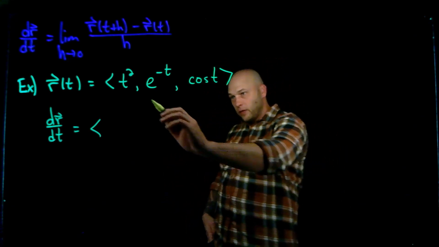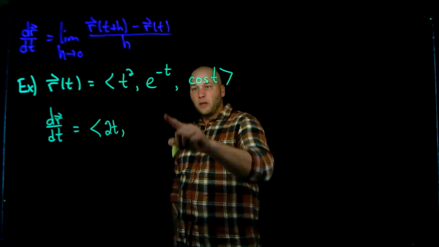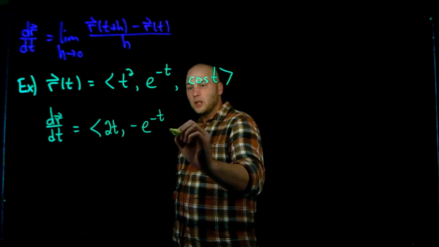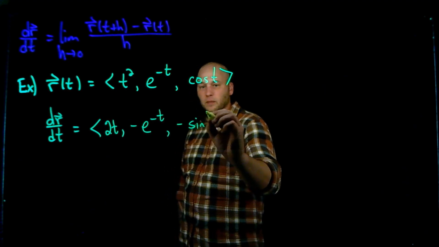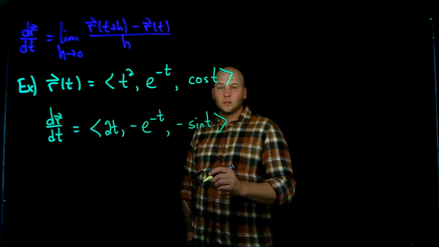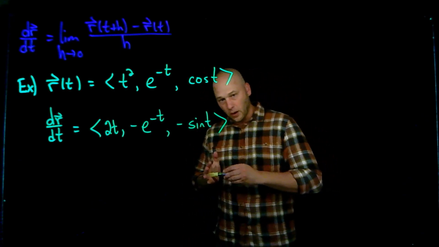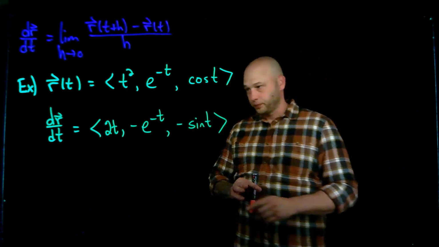So the derivative of t squared would be 2t. The derivative of e to the negative t would be negative e to the negative t. And the derivative of cosine is negative sine of t. Simple as that. It's just Calc 1 skills. So in a Calc 3 class, primarily you're using Calc 1 skills.